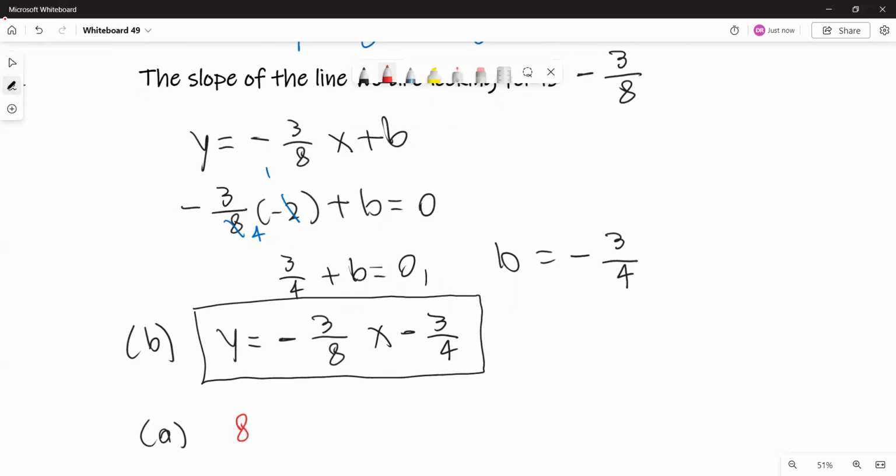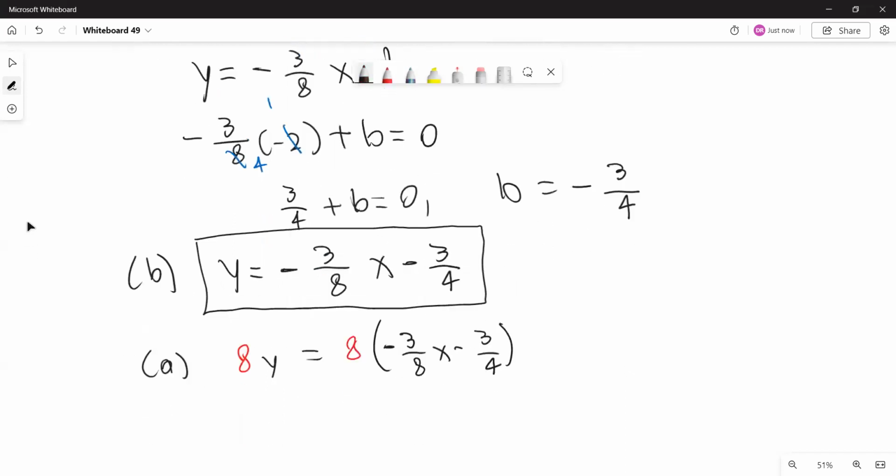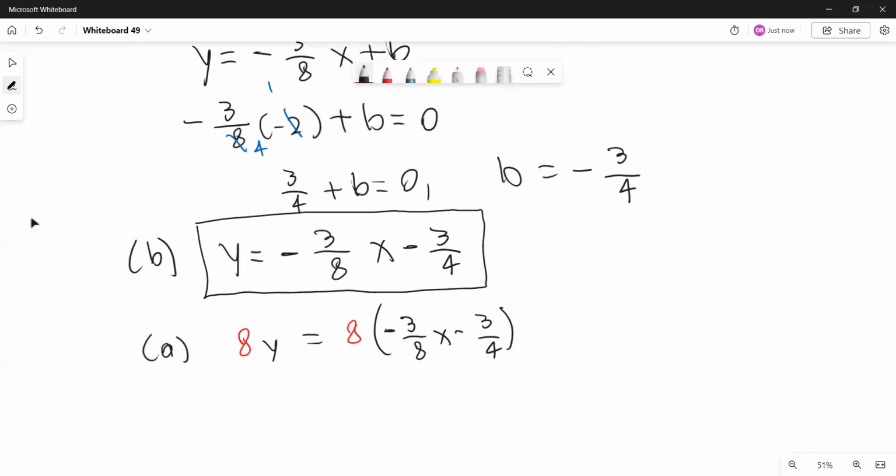So that's 8y equal to 8 times negative 3 over 8x minus 3 over 4. And the reason I'm doing this is to keep everything with integers, to avoid fractions as much as possible.